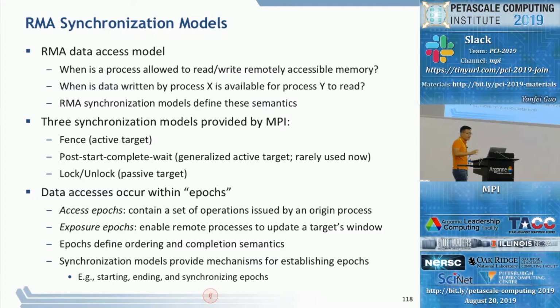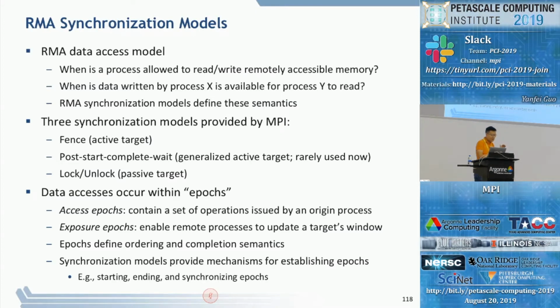Basically, what this synchronization does is it opens what we call an epoch. In MPI's terms, before you do any RMA operation, you have to open an epoch. It's like saying I'm starting to do RMA operations. Then I do a bunch of RMA operations, puts, gets, accumulates, and then I have to close the epoch.